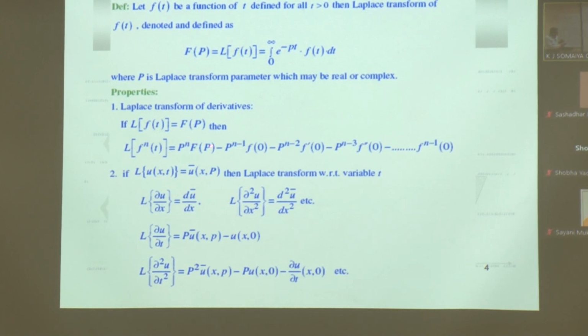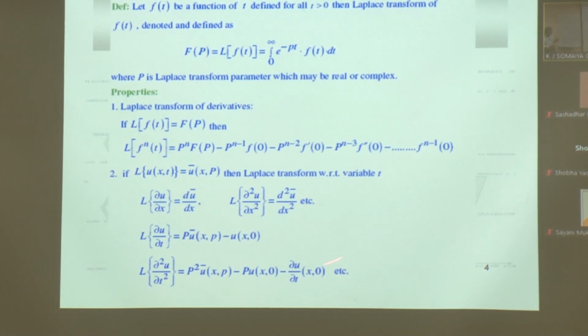Therefore according to this formula, n is equal to 1, and therefore how can we write? p to the power 1 times the Laplace of the given function, which is u bar, minus the value of u at t equals 0. This is the way that we can apply the Laplace transform on the differential terms.